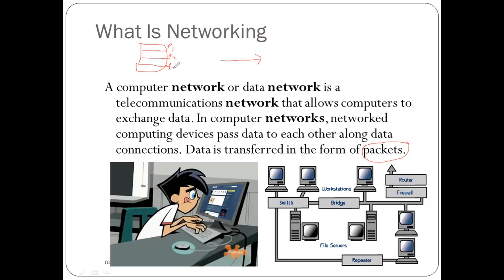This is the entire data, and there is a limitation that the entire data cannot be sent if the size is more than some value, suppose 1500. If our data size is more than this much, then what is the alternative? The alternative is we have to break down that data into packets. So that's why it is said over here that data is transferred in the form of packets.